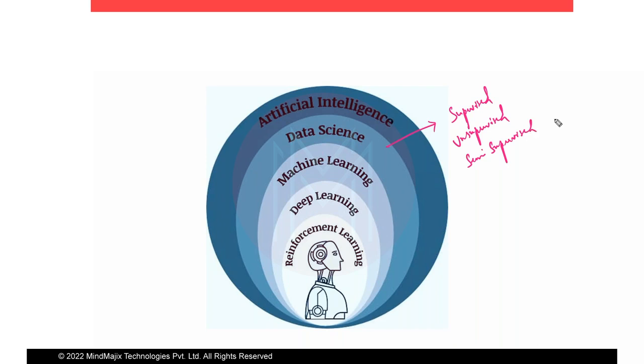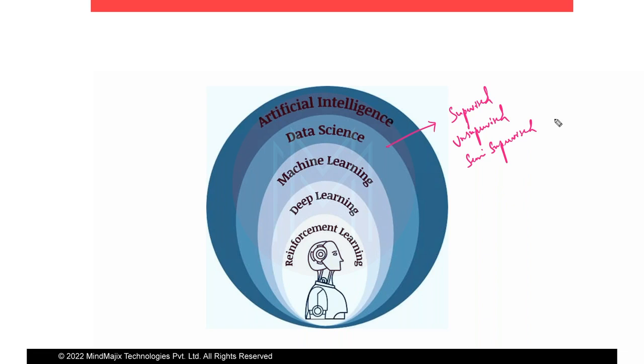Sorry, in unsupervised learning we don't have the output label, and in supervised learning we have the output label, and semi-supervised learning is a mixture of supervised and unsupervised learning. We will be discussing more about supervised, unsupervised, and semi-supervised learning, and what the algorithms in these learnings are, while learning the course.